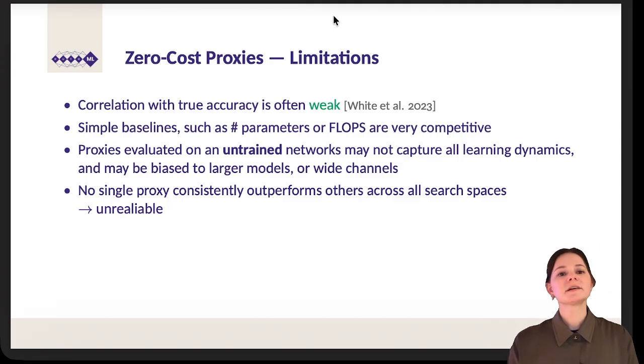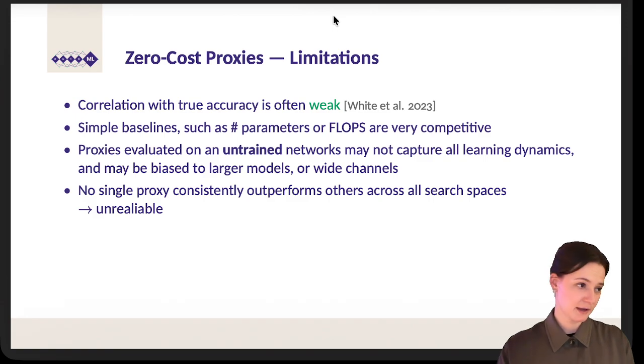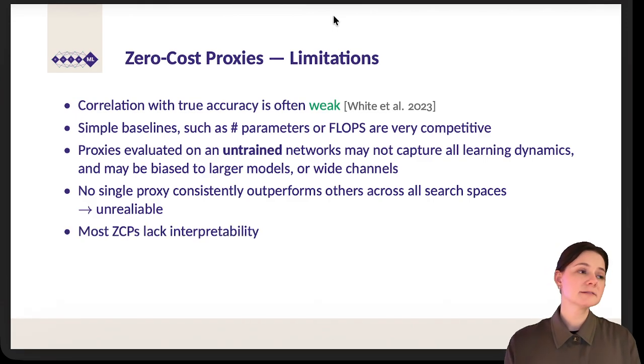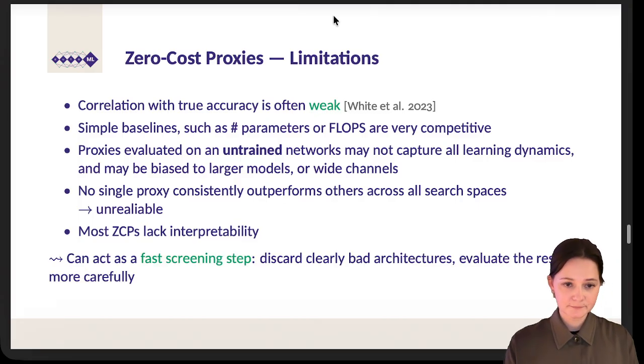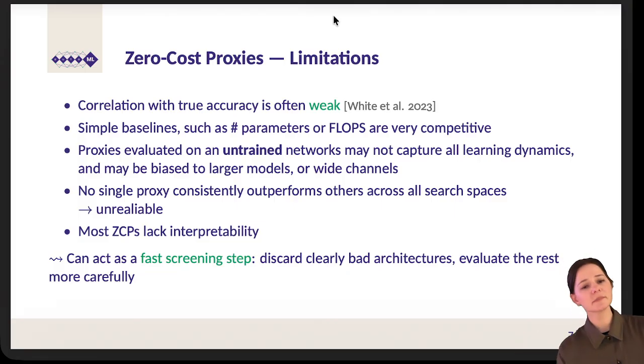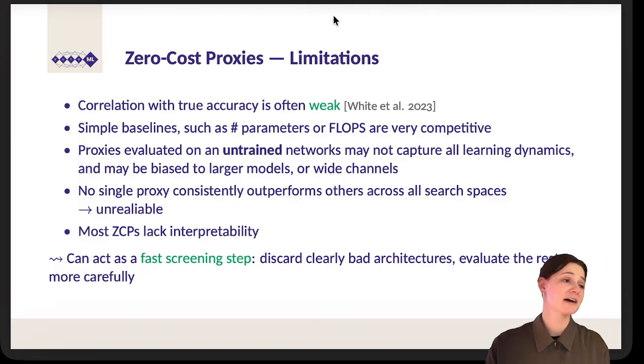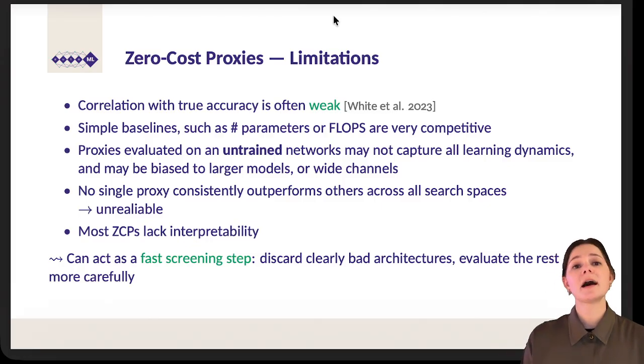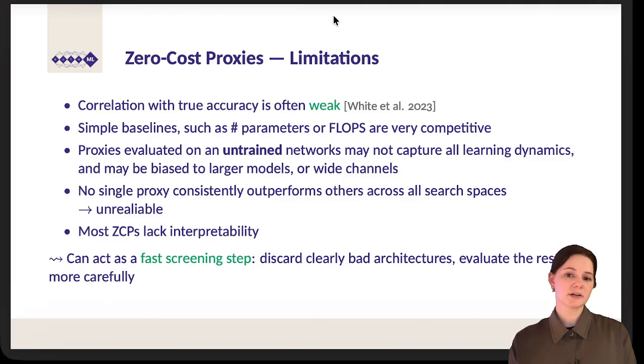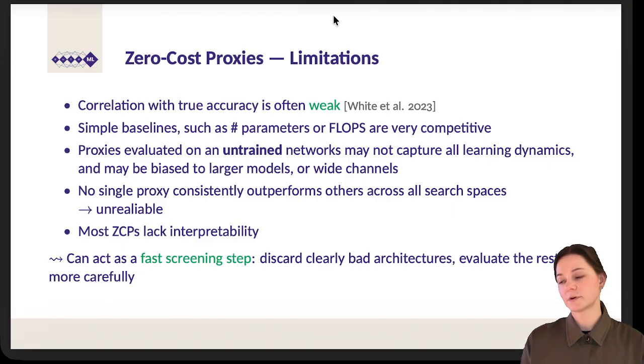Another issue is that there is no single zero-cost proxy which consistently outperforms all others on all search spaces, so therefore they are rather unreliable. And most zero-cost proxies lack interpretability. However, zero-cost proxies can act as a fast screening step and discard clearly bad architectures, evaluating the rest more carefully.